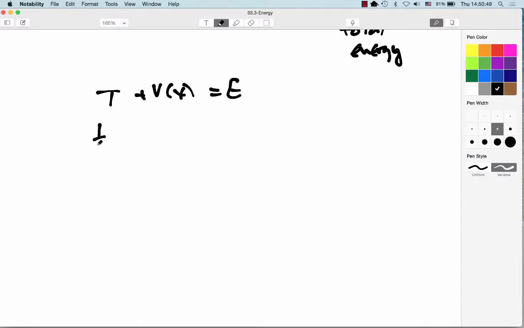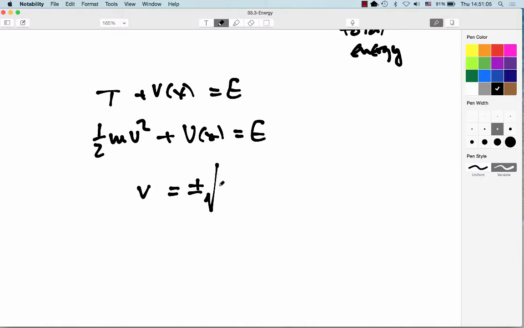So the kinetic energy is 1/2 mv squared plus our V of x. That equals E. So now what we'll do is we'll solve this formally for v. So v will equal plus or minus, because we're going to be taking a square root, and we'll have to use other conditions to know which branch to take, the square root of 2 over m times E minus V of x.